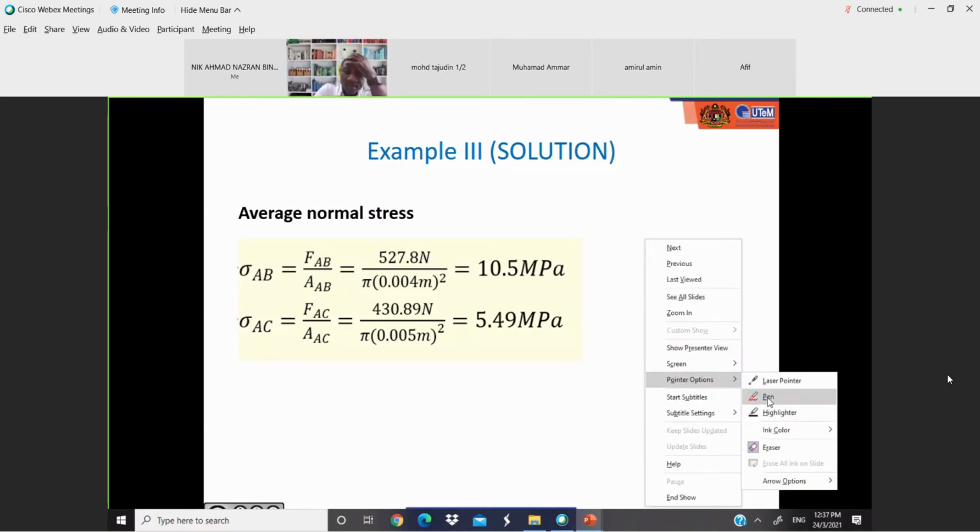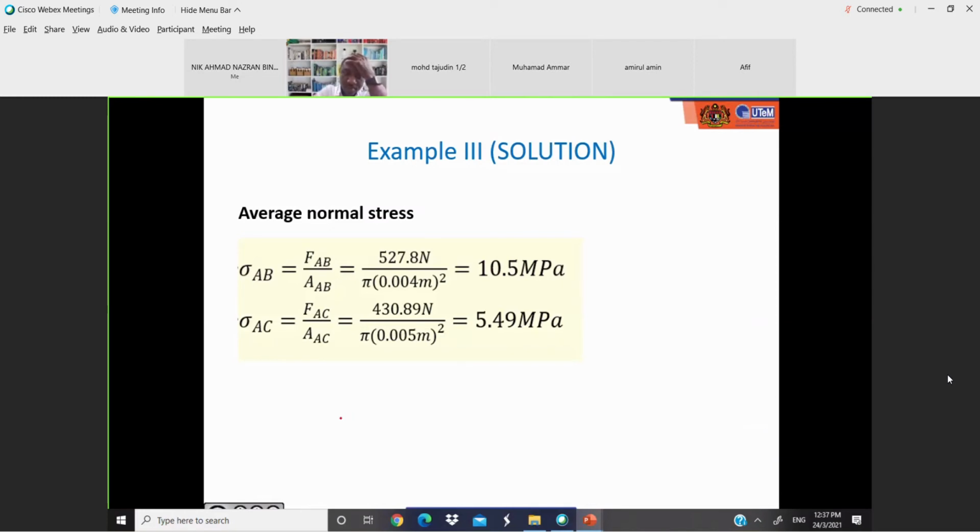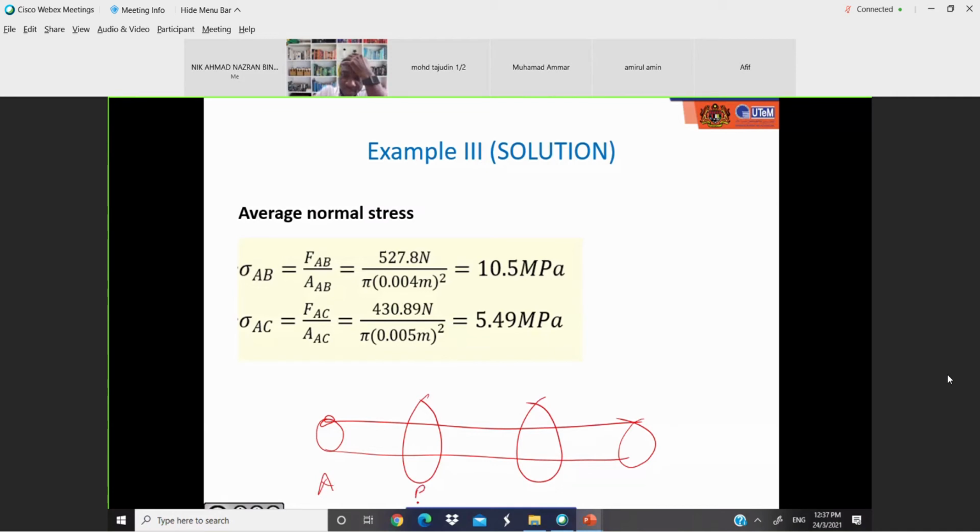Now let's assume you have this rod here. This is A, B, C, and D. There is a force here, let's say it's 10 kN.